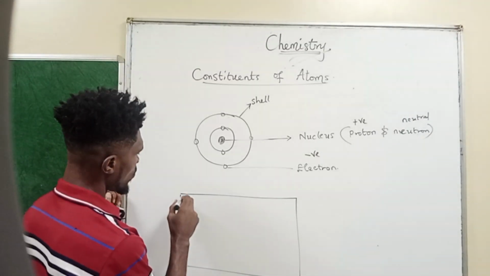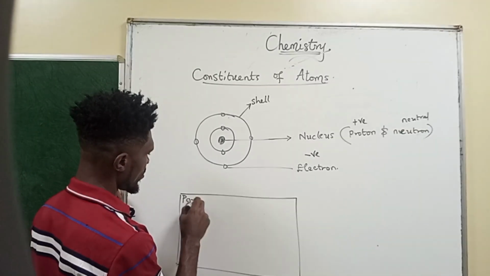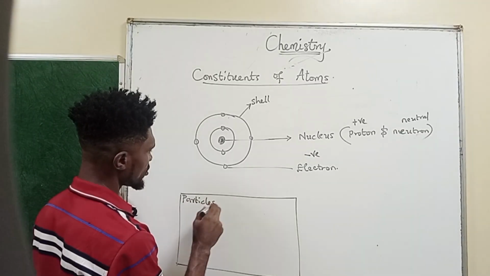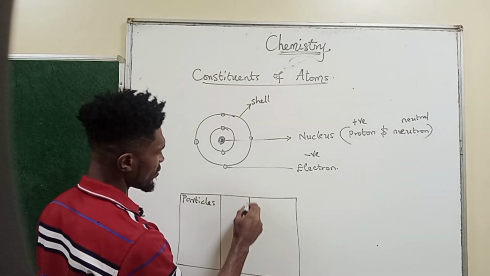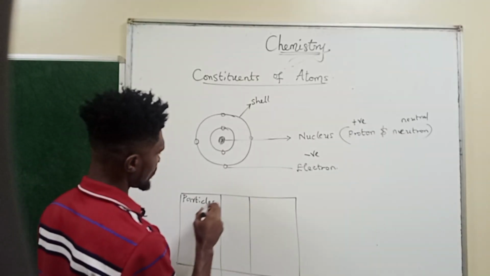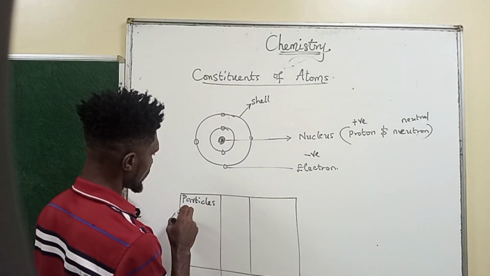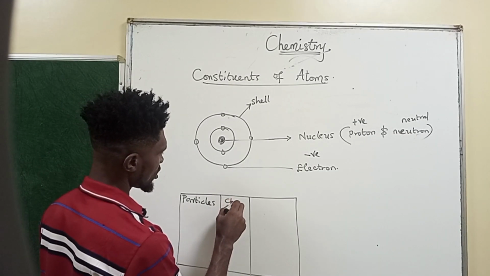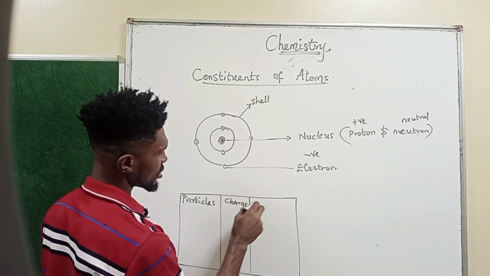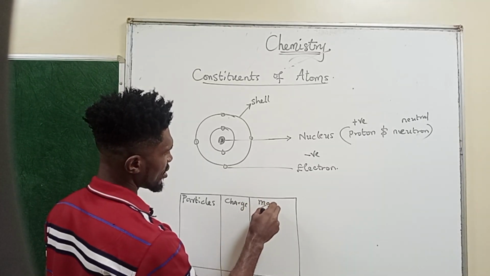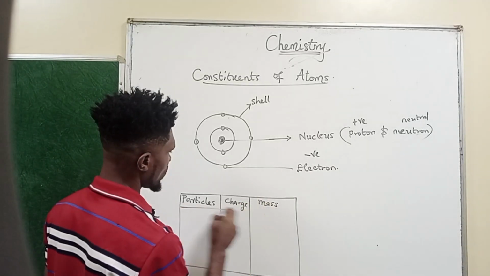So here we have particles. Here we have charge. Here we have mass. Okay?